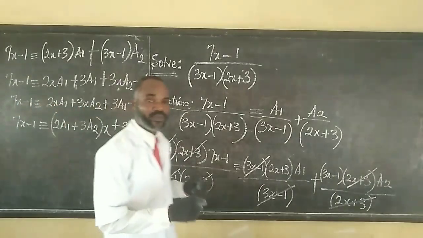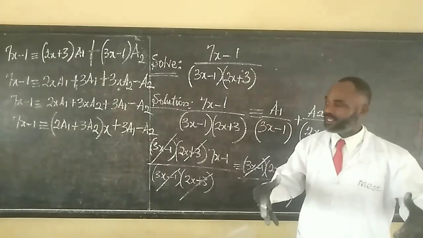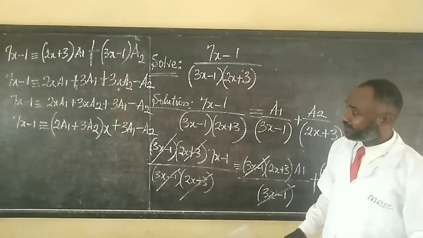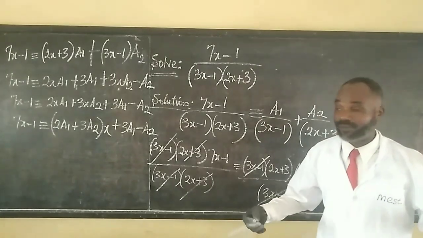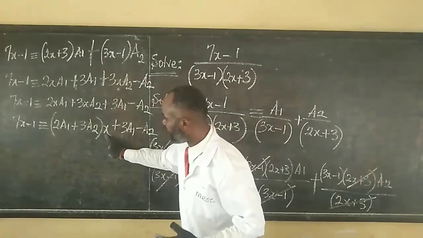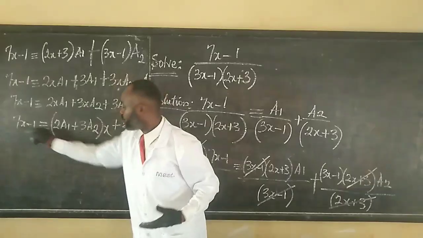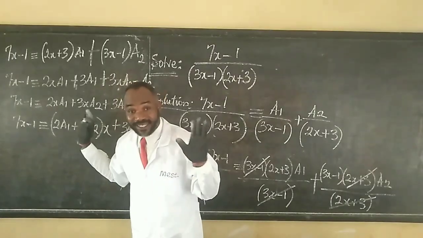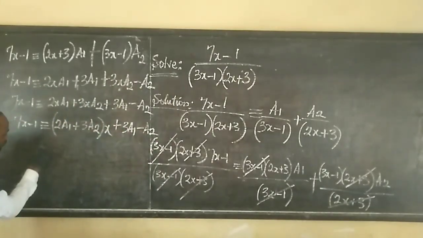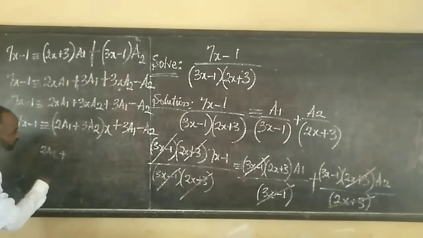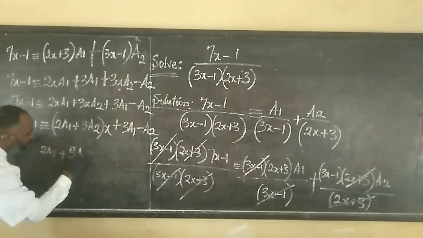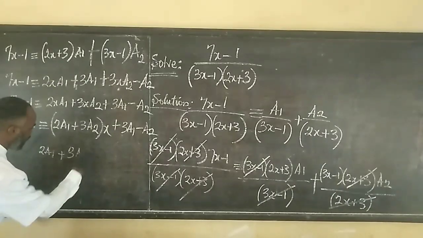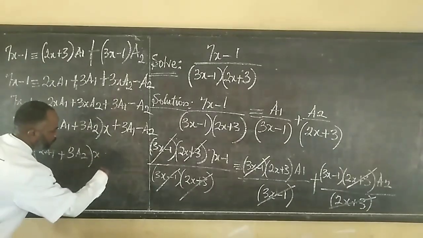And what happens here? We are going to equate, or rather compare, coefficients of both sides. Yes, we're going to check the coefficients and equate them. There is x here, there is x here. So this first expression will be compared with 7x. So let's do that quickly. We have 2a1 plus 3a2, then bracket close and open, x is equal to 7x.